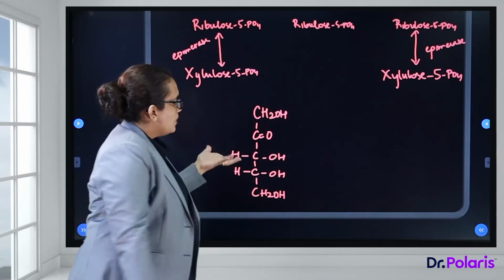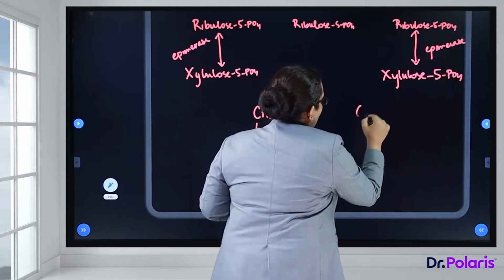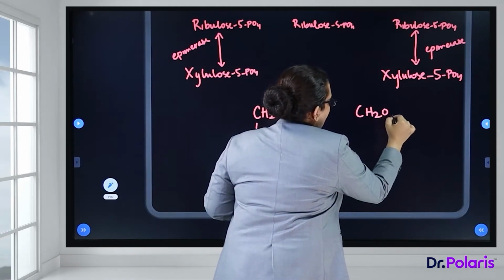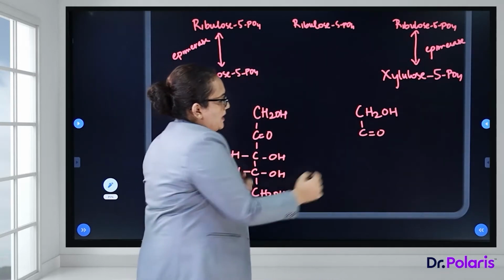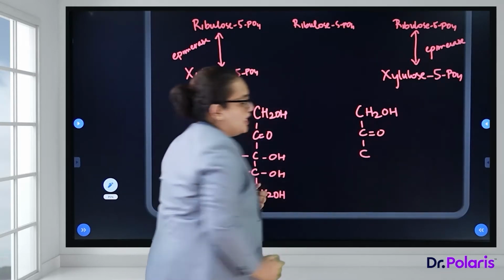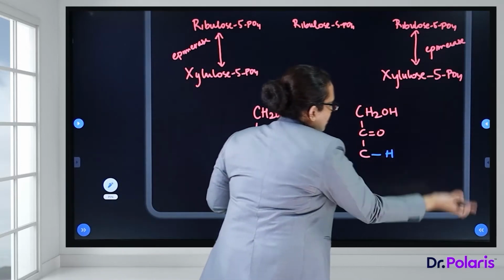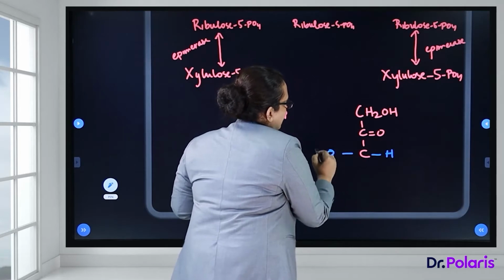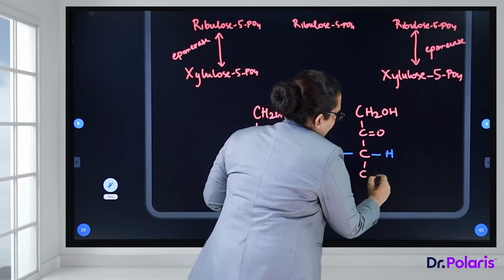So if this was the structure of ribulose 5-phosphate, the structure of xylulose 5-phosphate would be something like this. The keto group would remain. Only at the third carbon atom the orientation of hydroxy and hydrogen would change, where you would have hydrogen towards the right hand side and hydroxy towards the left hand side, and then the remaining structure is the same.